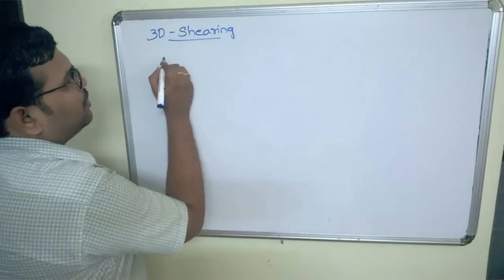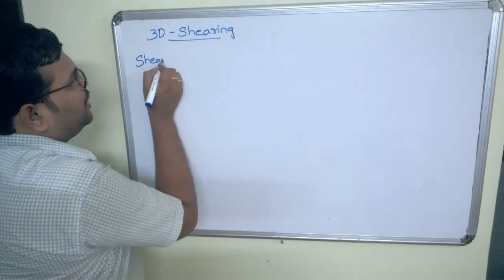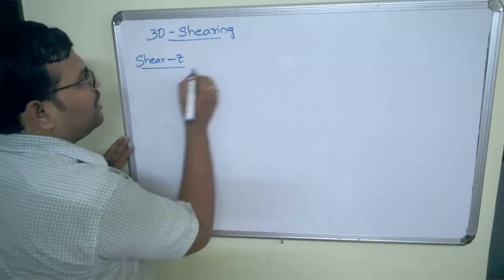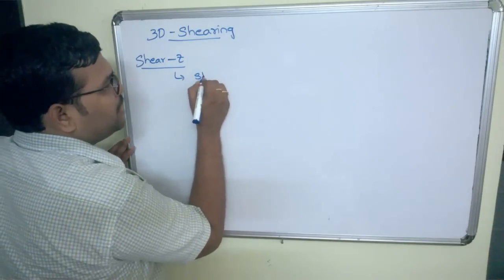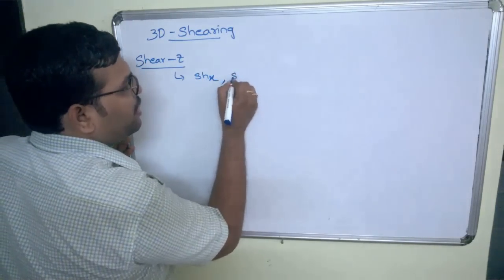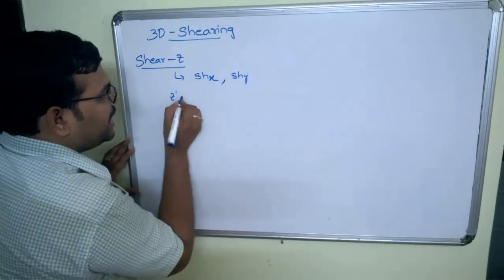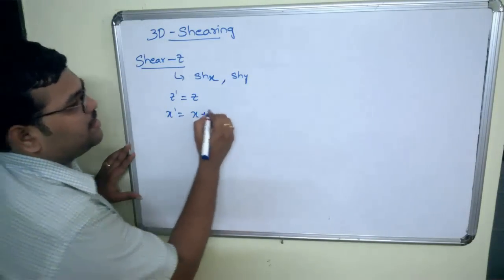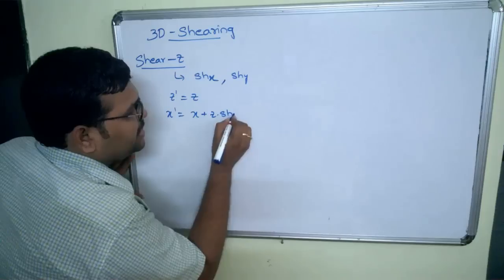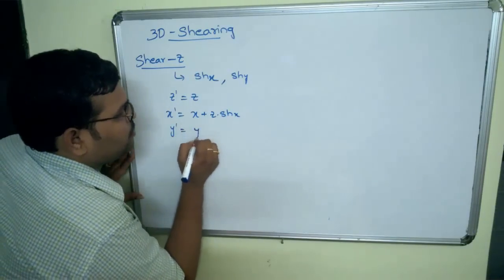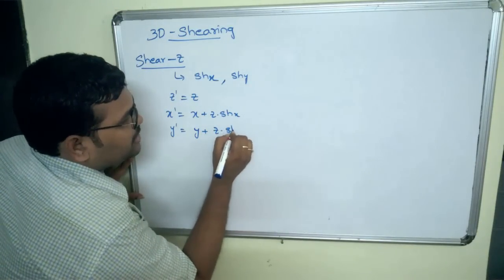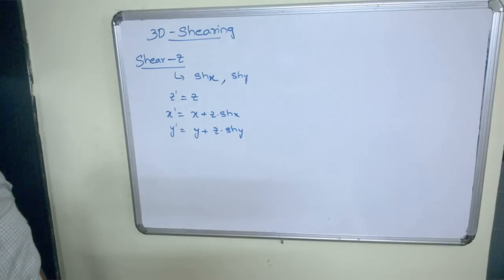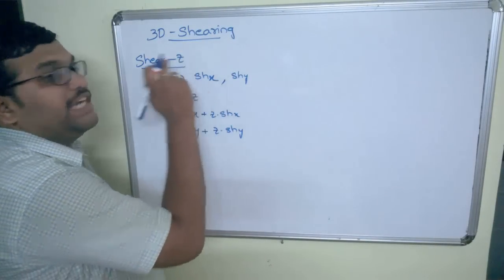So here also, if it is a shearing with respect to z axis, there will be two parameters, that is shx and shy, because z dash is equal to z, x dash is equal to x plus z into shx, y dash is equal to y plus z into shy. So this is the formula for shearing with respect to z axis.